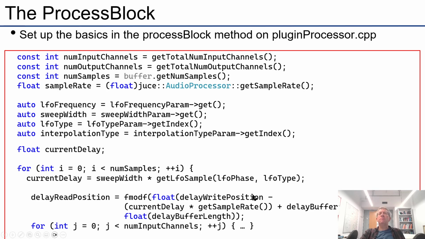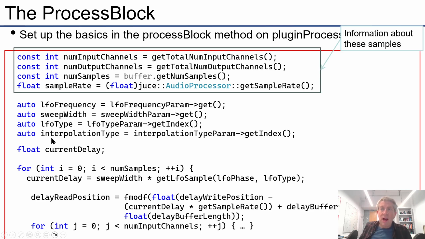In the process block, after some standard lines in the beginning, we get the exposed parameters on the interface: the type of LFO, the frequency, and the sweep width. And we specify what the interpolation type will be.